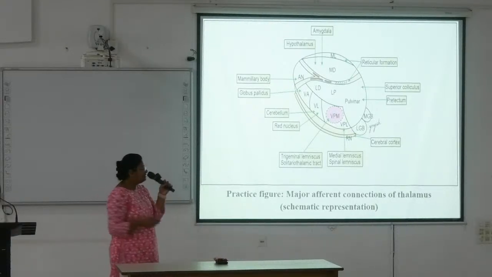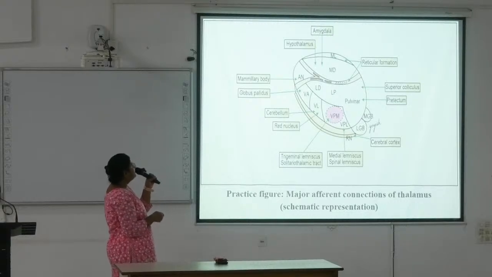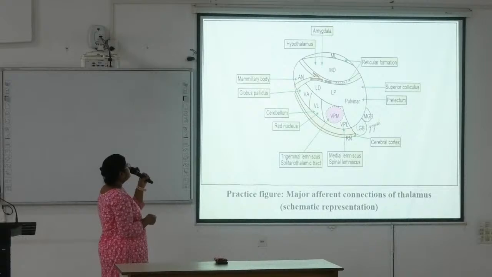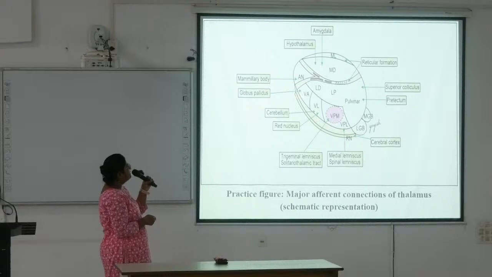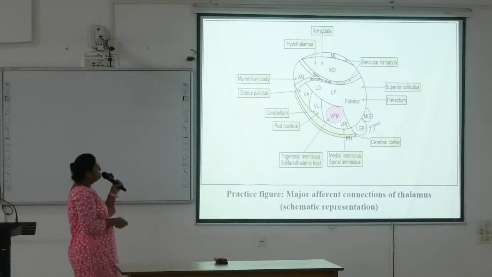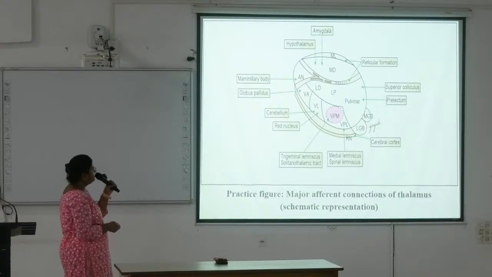Okay, so the Y-shaped white matter structure is dividing the thalamus into different nuclei. So here is anterior nuclear, here is lateral dorsal, lateral posterior, pulvinar, ventral anterior, ventrolateral, ventral posteromedial, ventral posterolateral. Okay. So these are the main important nuclei of the thalamus.